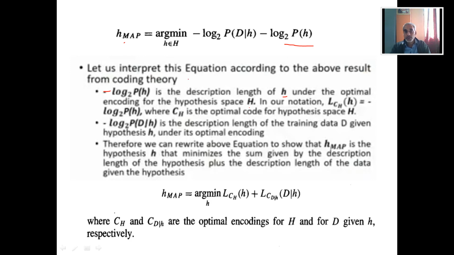So we know that P of H means we have a set of all hypotheses, the hypothesis space capital H. We have so many hypotheses in that, and you are going to check the probability of the hypothesis.